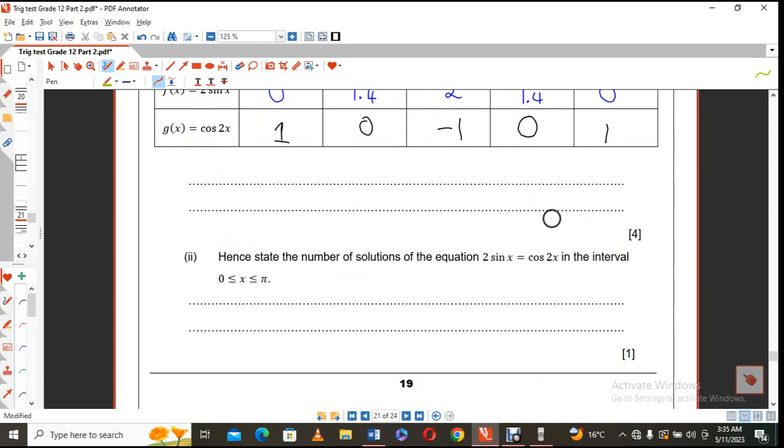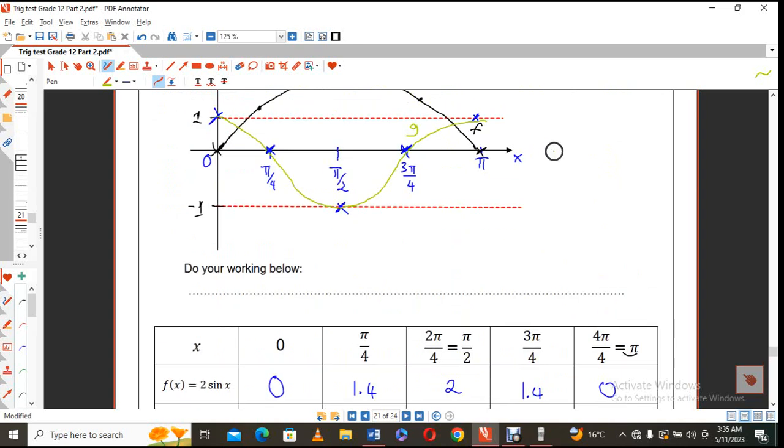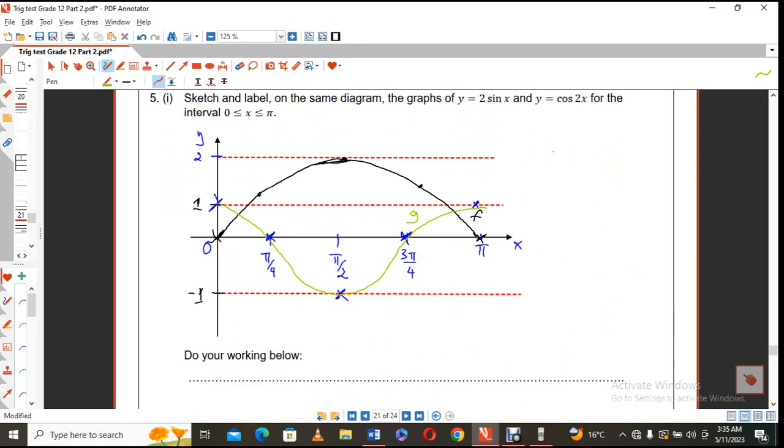Then the last question is asking, hence state the number of solutions of the equation 2 sine x equals cos 2x in the interval 0 to pi radians. Well, it simply means where the graphs are intersecting, they will be equal. For this particular interval, you will have one intersection over here and one intersection over there.